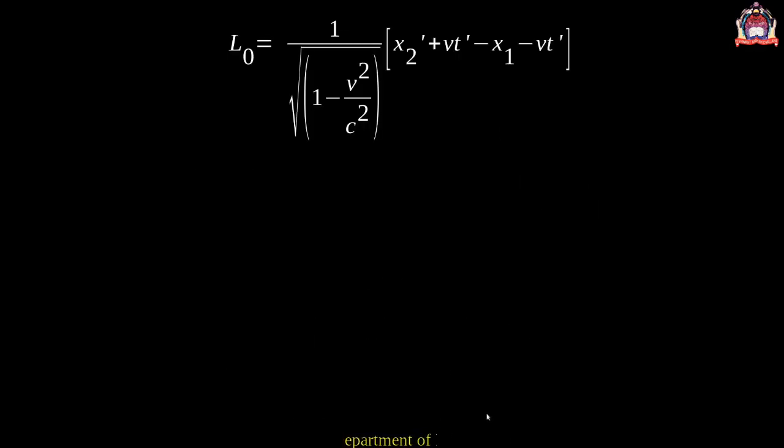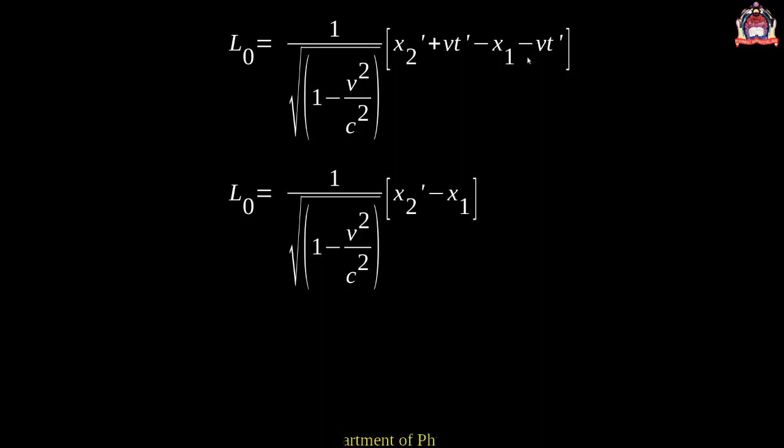By rearranging the equation, we get L0 = 1 divided by the square root of 1 - v square by c square, multiplied by (x2 dash + vt dash - x1 dash - vt dash). By simplifying this equation, we get L0 = 1 divided by the square root of 1 - v square by c square, into (x2 dash - x1 dash).